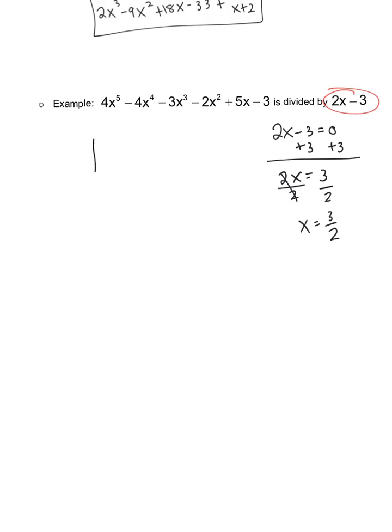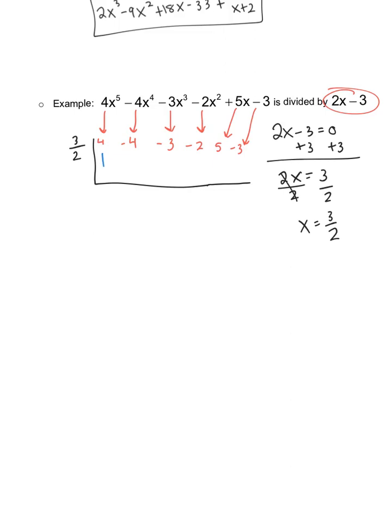And then set up your box so that 3/2 goes out here, and then these numbers go in the top of the box. I don't need any zeros here because I'm not missing any terms. And then the process follows.